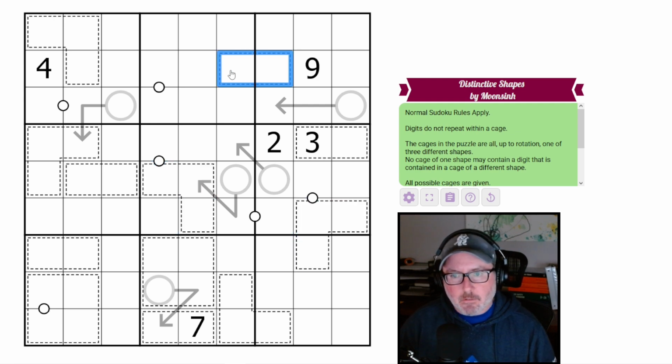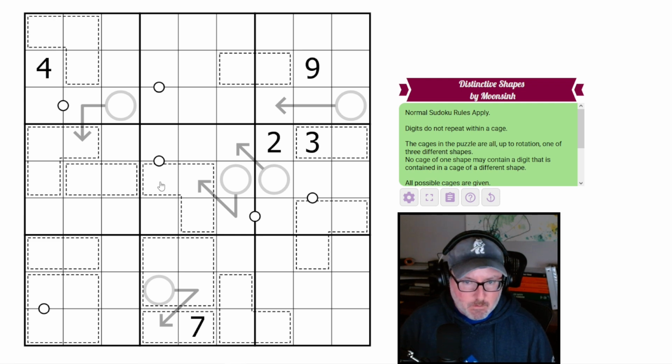So the cages are here just to show that there is no repetition in a cage. The cages in the puzzle are all, up to rotation, one of 3 different shapes. So it looks like we've got an L shape, a little Tetris domino shape, and then a quad here. Okay, that does appear to be what these are.